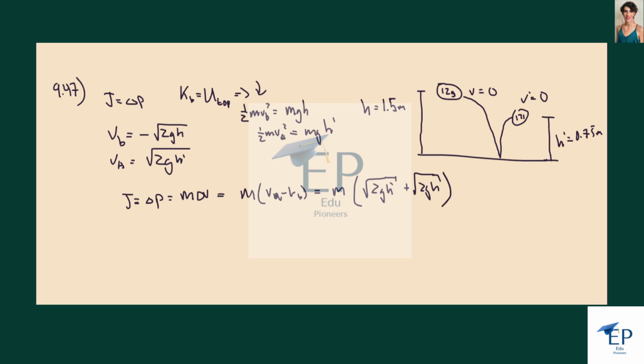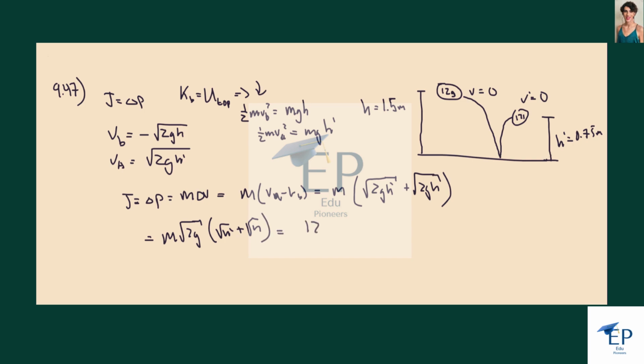Cool, so let's just find out what this is. This becomes m times the square root of 2g times the square root of h prime plus the square root of h.